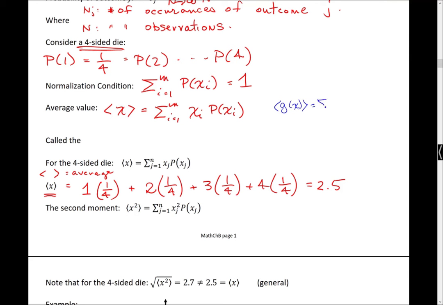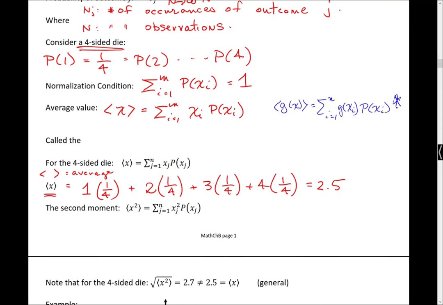So that's going to be the summation, i equals 1 to n. So looking over all possibilities, the probability of x sub i times the value of our function that we're interested in taking the average of, evaluated at that observation. Okay? All right. So that's in general true.